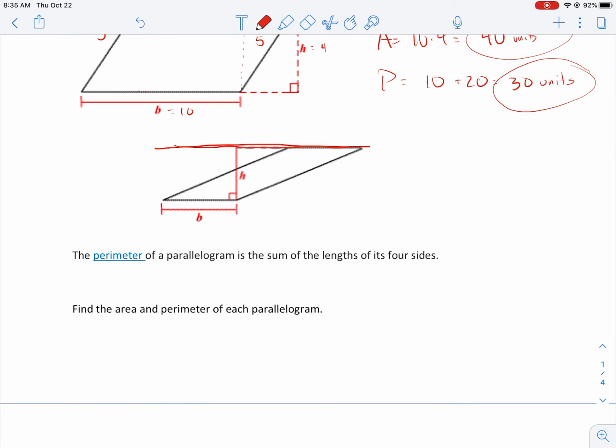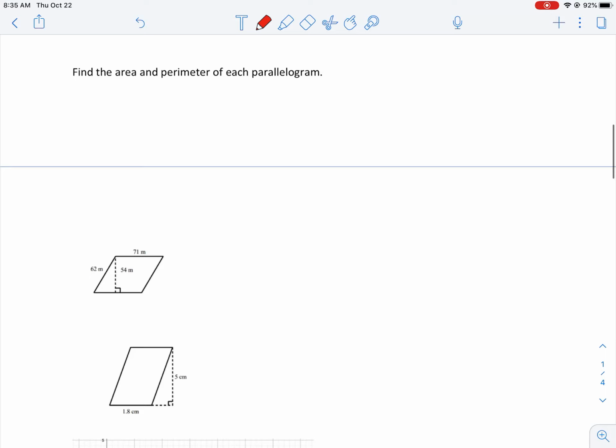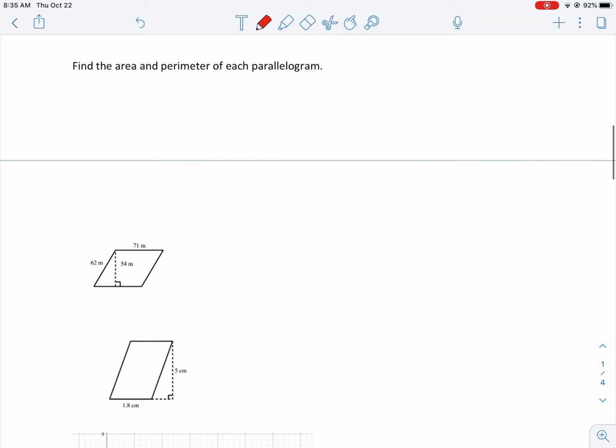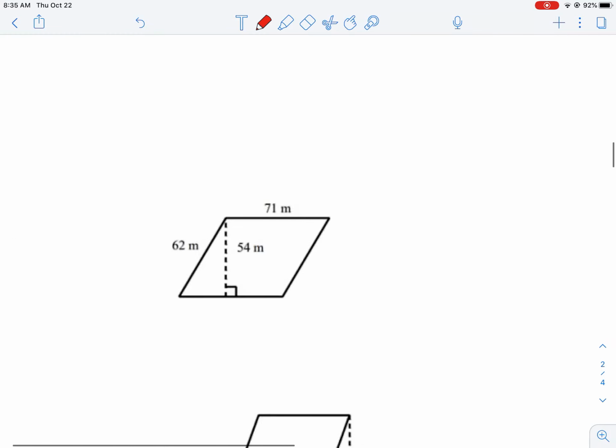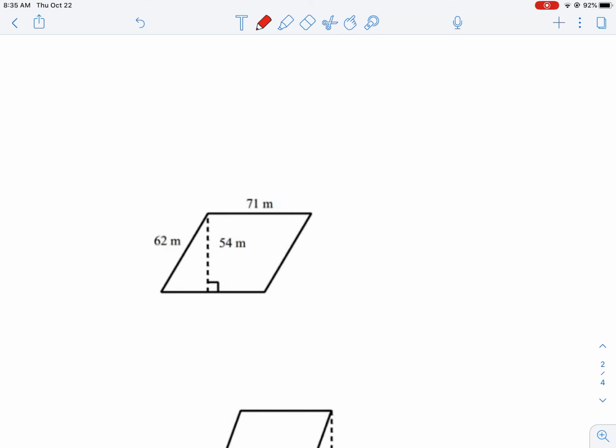All right, so let's get down to the nitty-gritty, and let's start finding the area and perimeter of these parallelograms. Here's our first parallelogram. Our height is not 62, it's 54 meters. Our base, 71 meters.